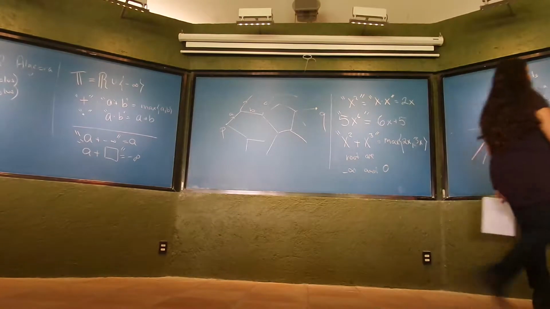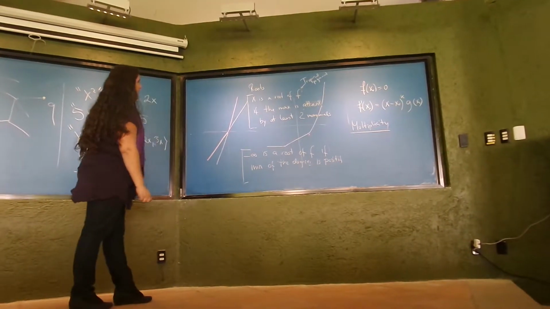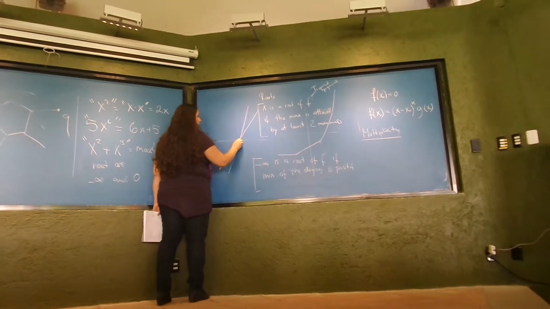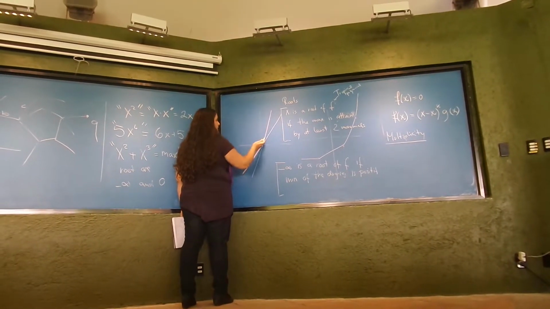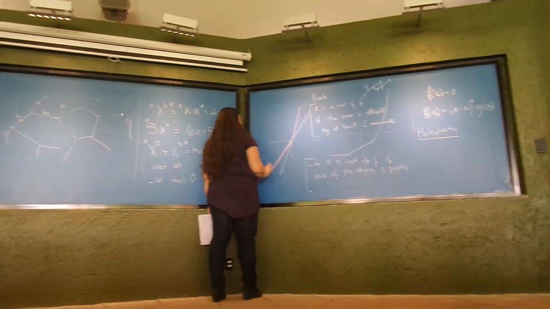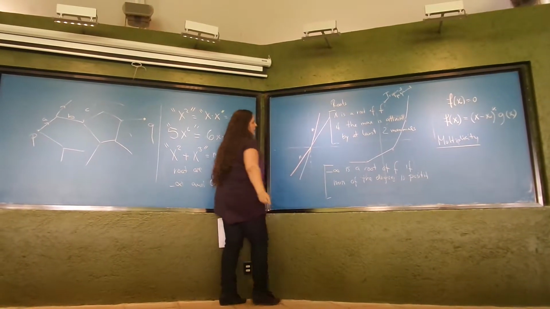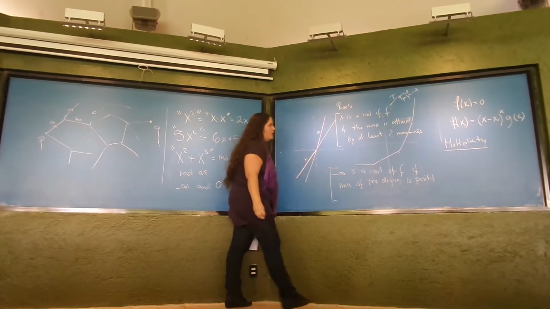And then we need multiplicity. As we just said, a root is the projection of the intersection of two lines. This one, for example, will have slope k1, and this one slope k2, with k2 bigger than k1.